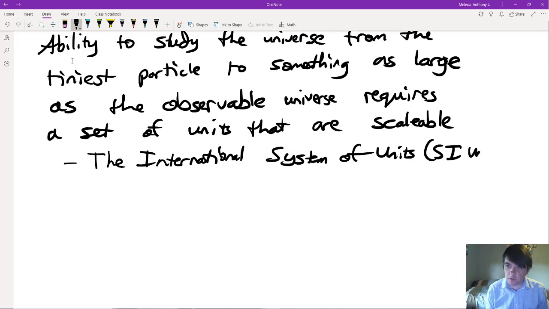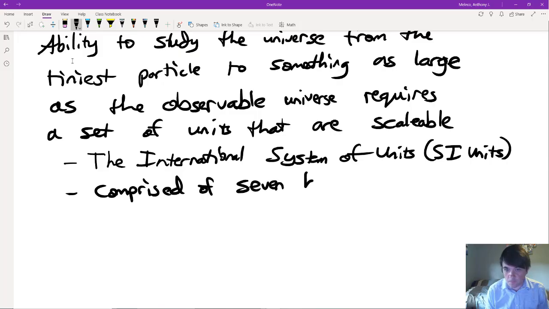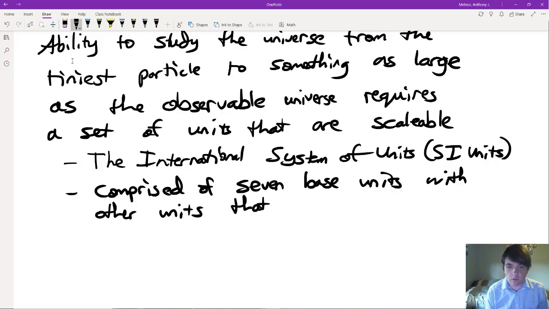So these are the SI units. These units are comprised of 7 base units with other units that can be derived from these.